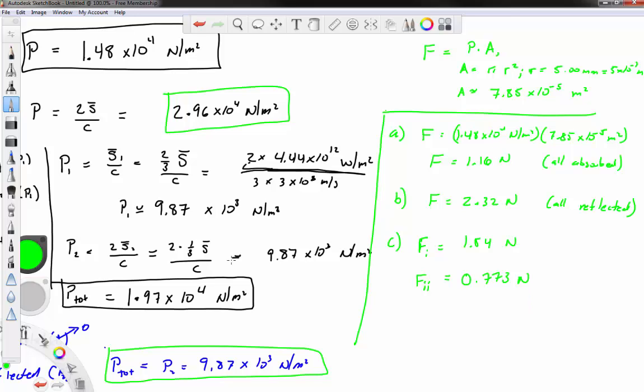Now with that said, this is a fairly high intensity laser. 444 megawatts per centimeter squared as a CW laser source is actually very, very powerful. It would in fact probably exceed most CW laser sources available.